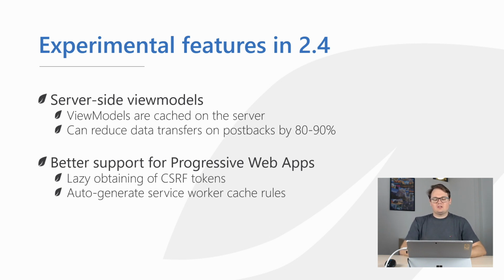Okay, the next feature that is already in 2.4 is a better support for progressive web apps. Right now we have implemented the lazy obtaining of cross-site request forgery tokens. When you open any page in DotVVM and look at the view model that is embedded in the page, there is the CSRF token, it's basically a security feature that prevents some kinds of web attacks.